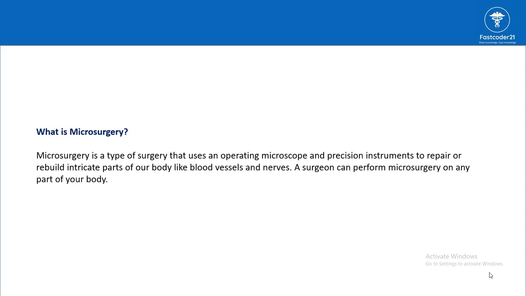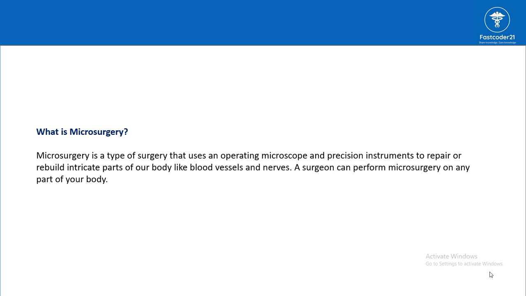First, we need to understand what is microsurgery. If we divide the word microsurgery, surgery all of us know, and micro means minute. So if the physician performs surgery on minute structures, we call it microsurgery. What are the minute structures in our body?